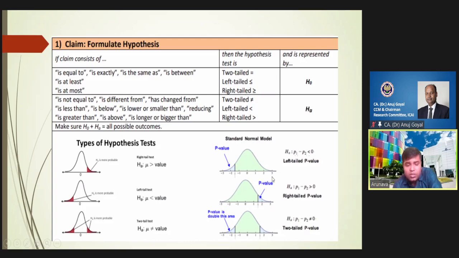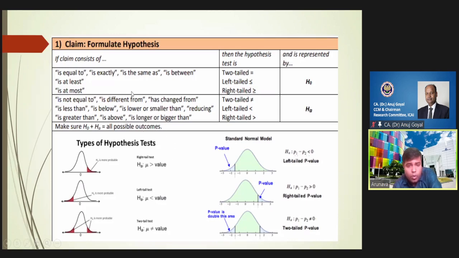Tails here are the probability distribution tails, right? If it is at least, meaning the value is at least more than this or at least less than this, then we use a left tail. If it is at most some value, then we use the right tail, right? And if we are having the alternate hypothesis, similarly it will be is not equal to, is different from, has changed from, is less than, is below, all those things, right?